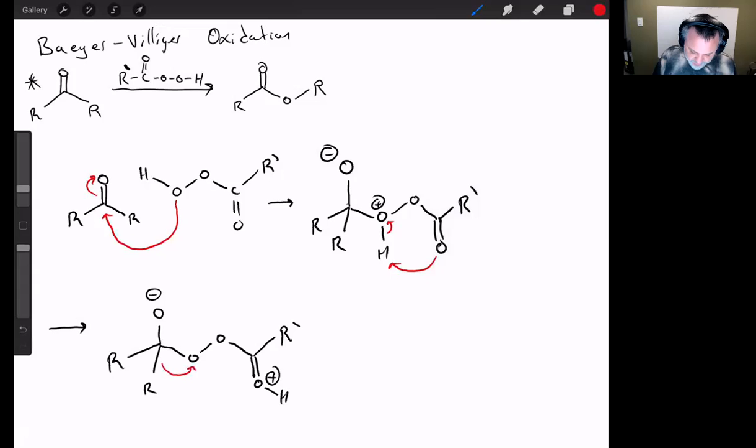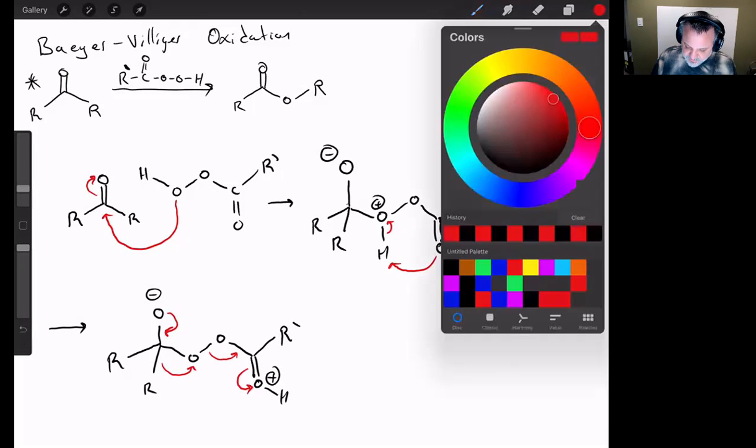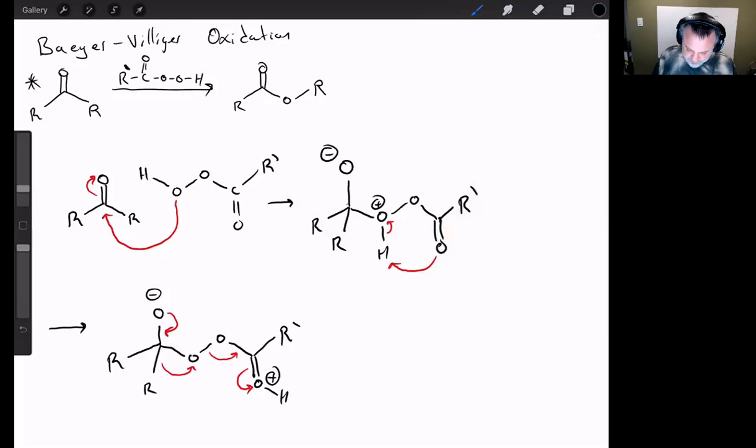That R group attacks the oxygen. It literally is like a hydride shift. It does take its electrons and shift over and reconnect to this oxygen. These electrons form a double bond here, and these electrons come back up to the oxygen to get rid of that positive charge. And so what do you end up with?